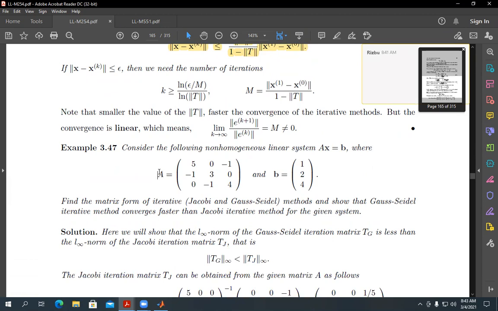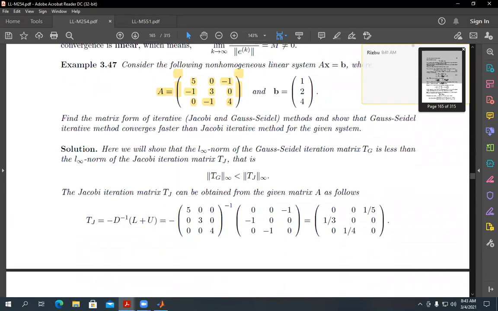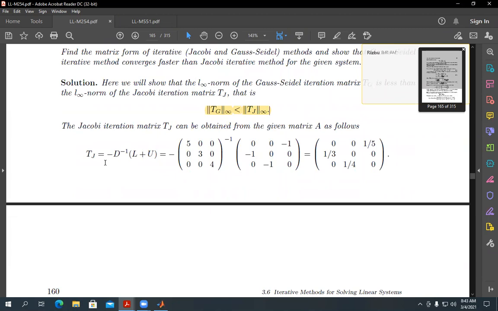So this is your given. You have to show this one: the norm of TG should be smaller than the norm of TJ. First, you need to find the norm of TJ. So to find the norm of TJ, you need to find TJ.